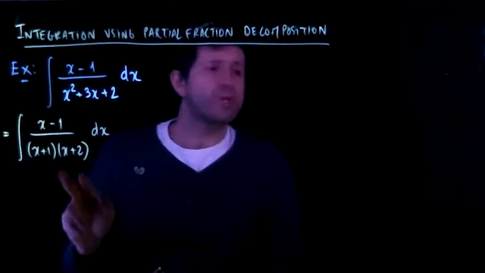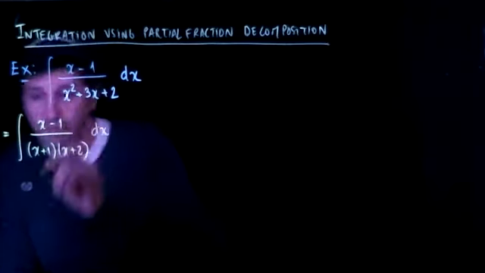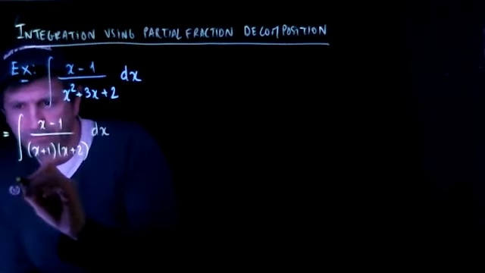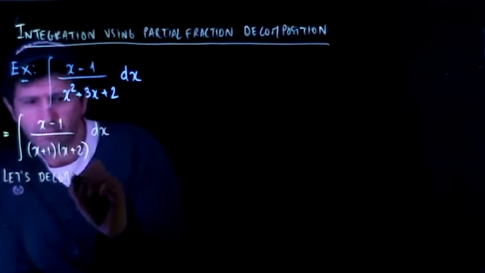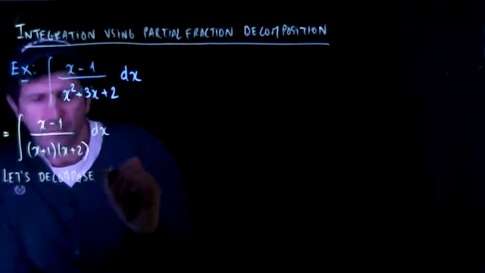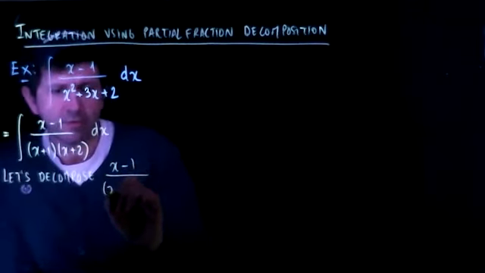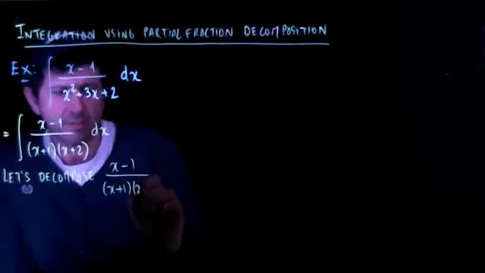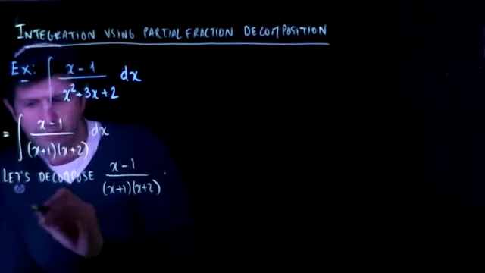So let's do the partial fraction decomposition. This is what I'm going to do now. Let's decompose x minus 1 over x plus 1 times x plus 2. How do I do this?